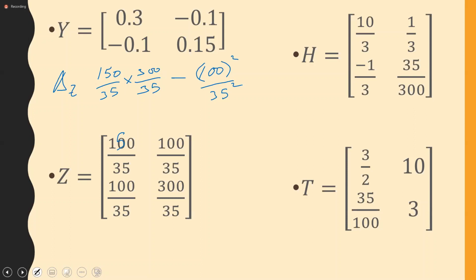All right. 150 times 300, so that would be 45,000.